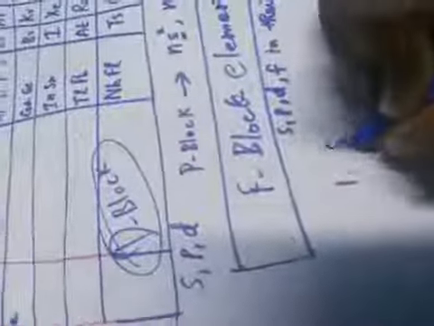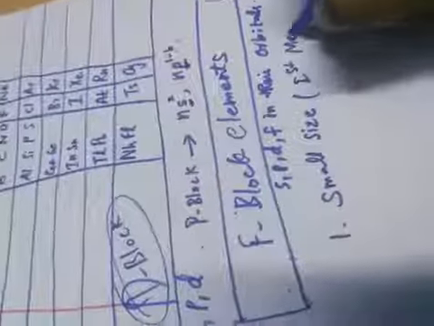They have high ionization enthalpy, and these are the distinguishing features of P block elements from the other elements. First, they have small size of the first member, that is helium.